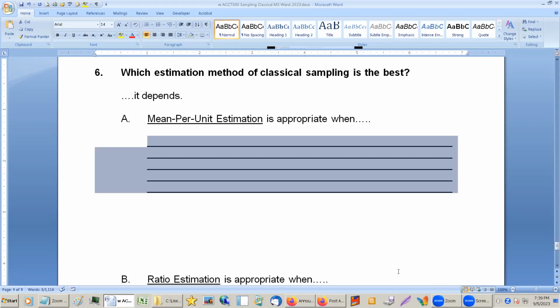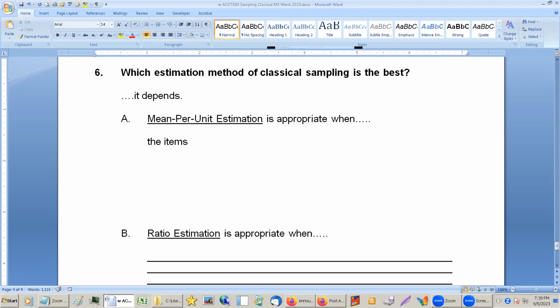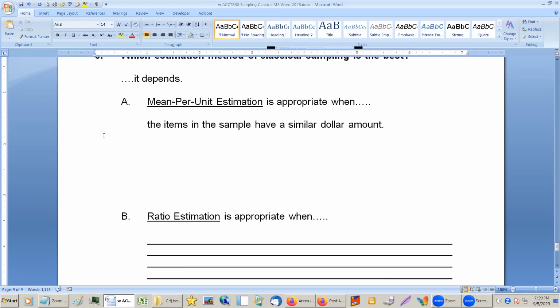Mean per unit is appropriate when the items in the sample are similar in amount.